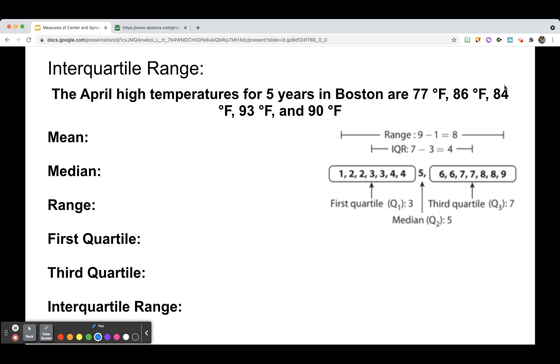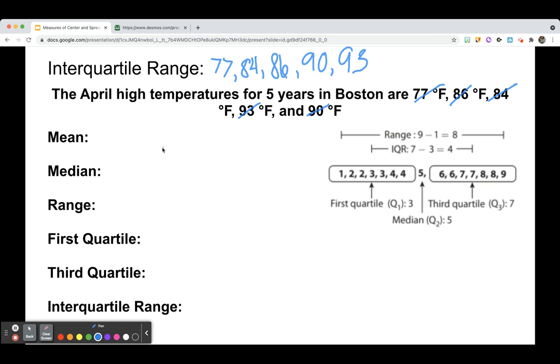So I'm going to take these numbers and order them to make sure that they are least to greatest. That would be 77, 84, 86, 90, 93.